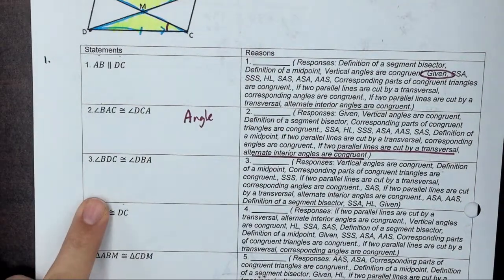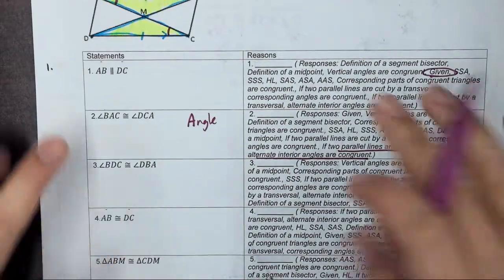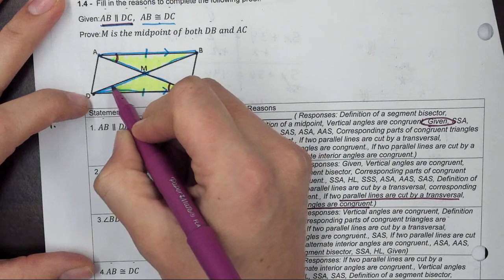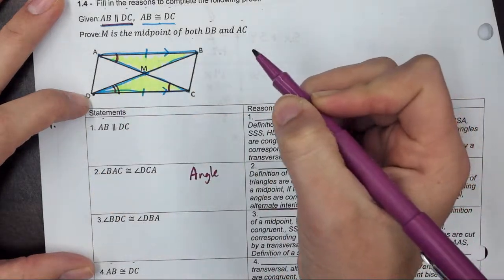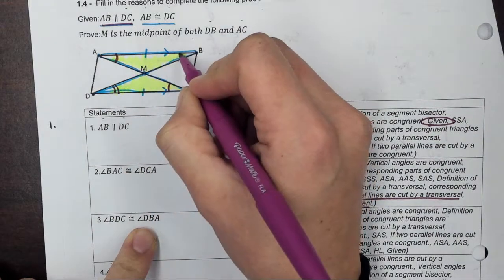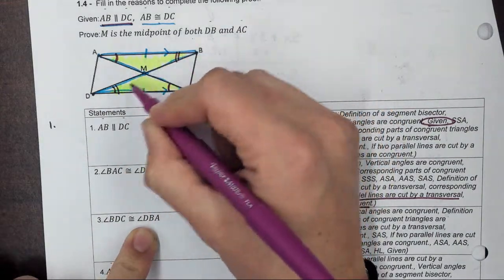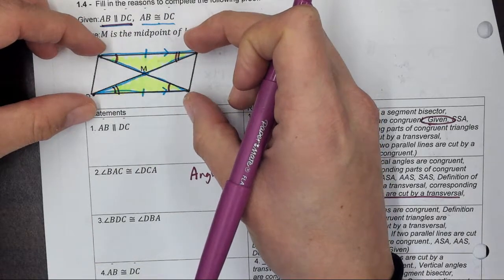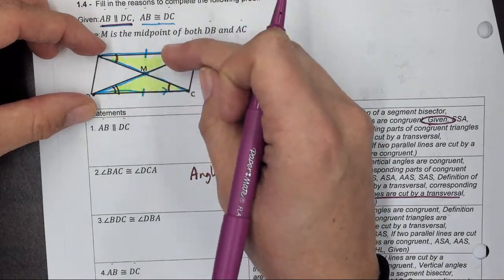So then if I find BDC and DBA, okay, BDC, so we're talking about the angle right here, I'm going to put a double arc, is congruent to DBA. Those two angles are congruent. Same thing. They're inside the railroad tracks, inside the parallel lines, on alternate sides of that line.